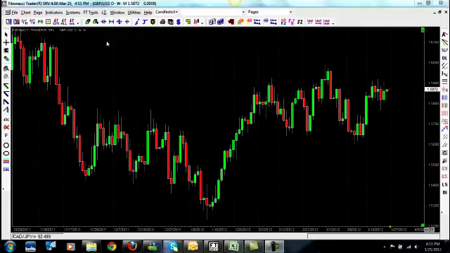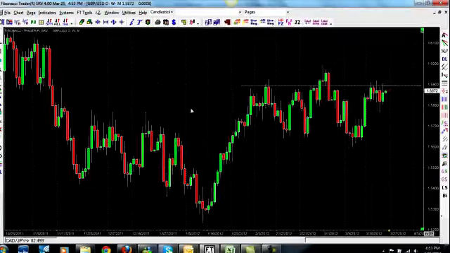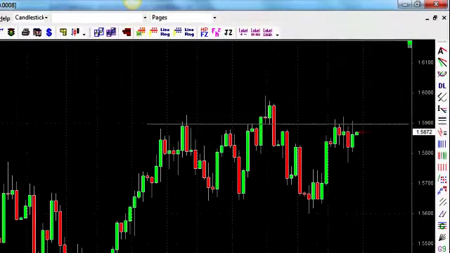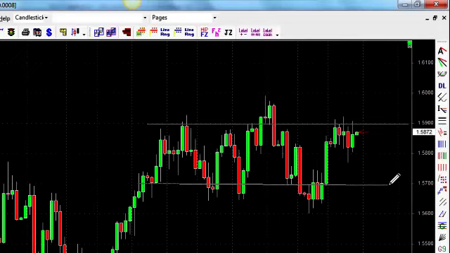We have the pound dollar daily chart, and what I want to do is show you where we're at right now. You can see here that price on this pair has been trading in this range for the last 2 months. We got a range here, but there's also been a little bit of range action in here.